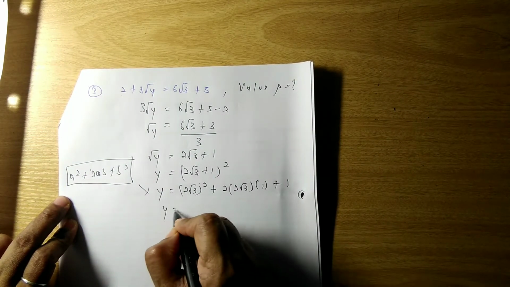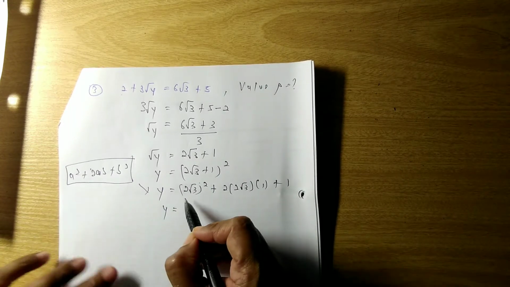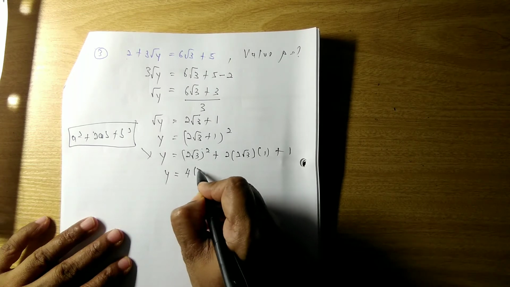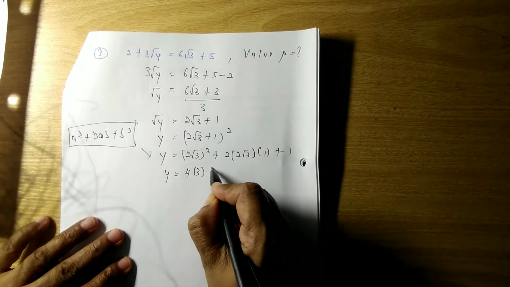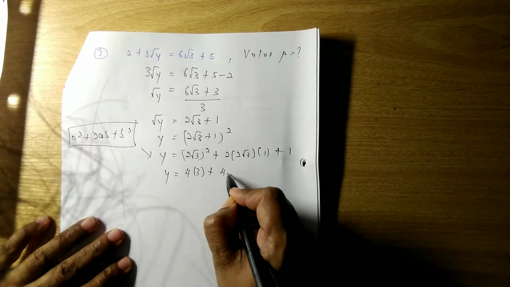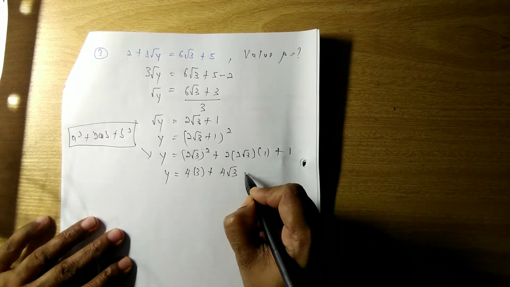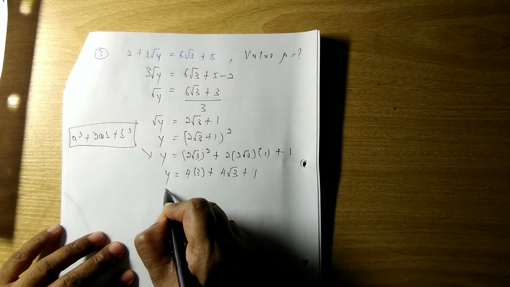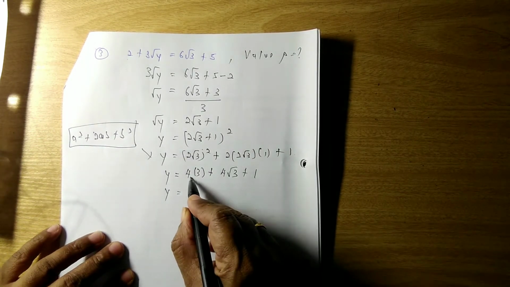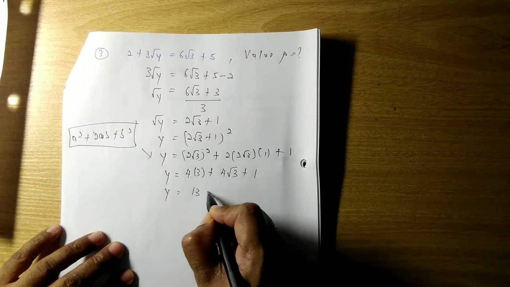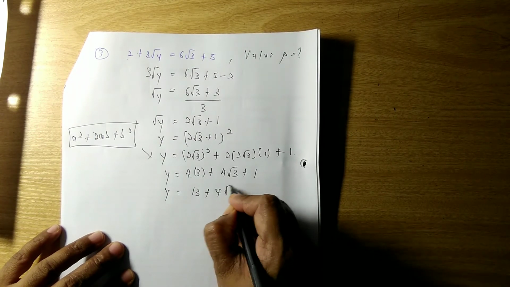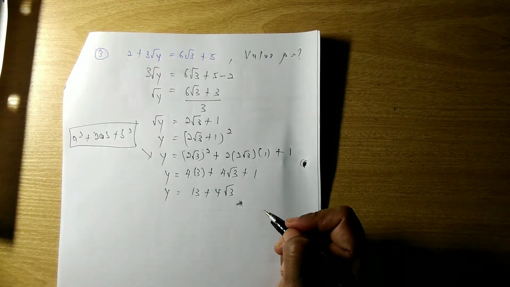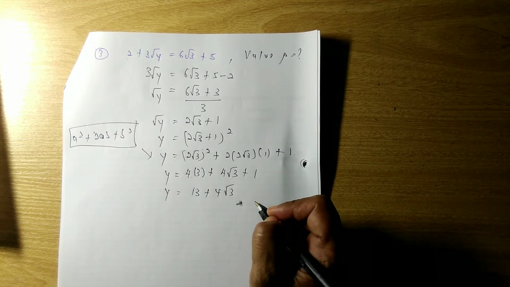So y becomes 2 squared, this is a 4 and a 3, plus this is 4√3, and that's a 1 there. So what we get is this is a 12, so it's 13 plus 4√3. I'll leave my answer in this form.